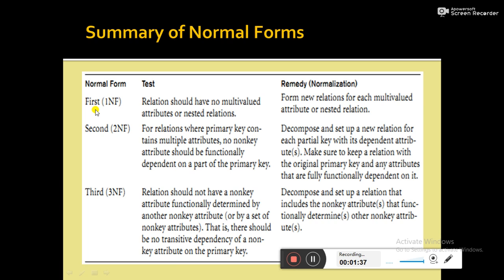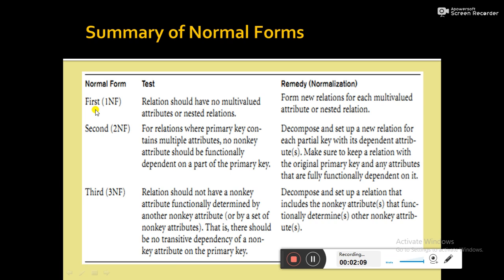As we know, a relation R is in 1NF if it has no multi-valued attribute and no nested relation. That means for a specific record, if any one of the attributes has multiple values, it has a multi-valued attribute, and then it is not in 1NF.